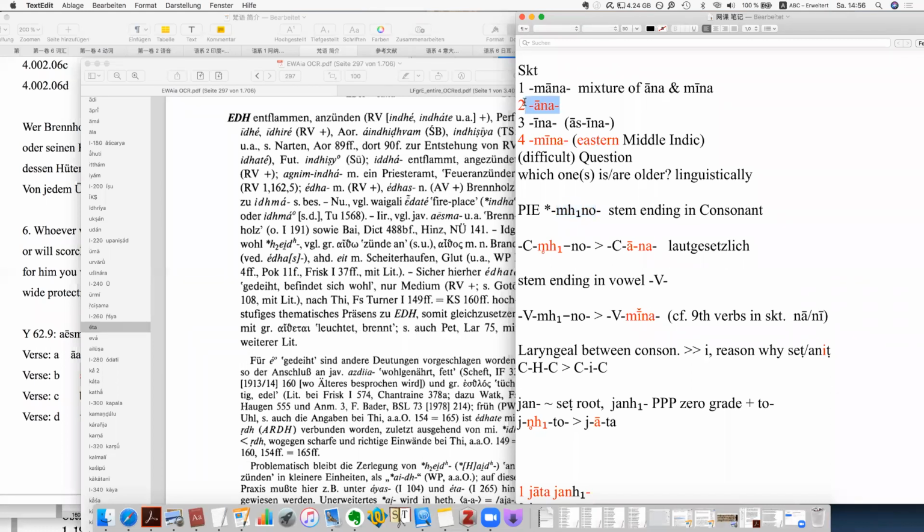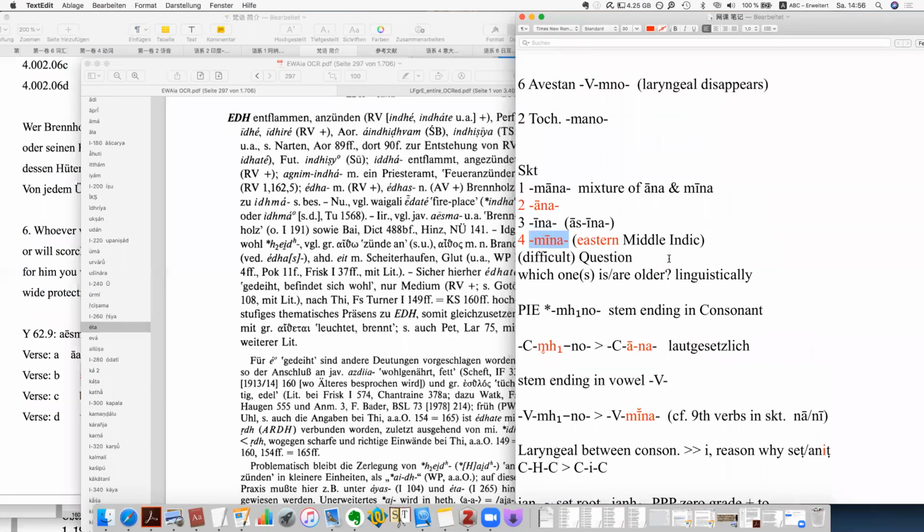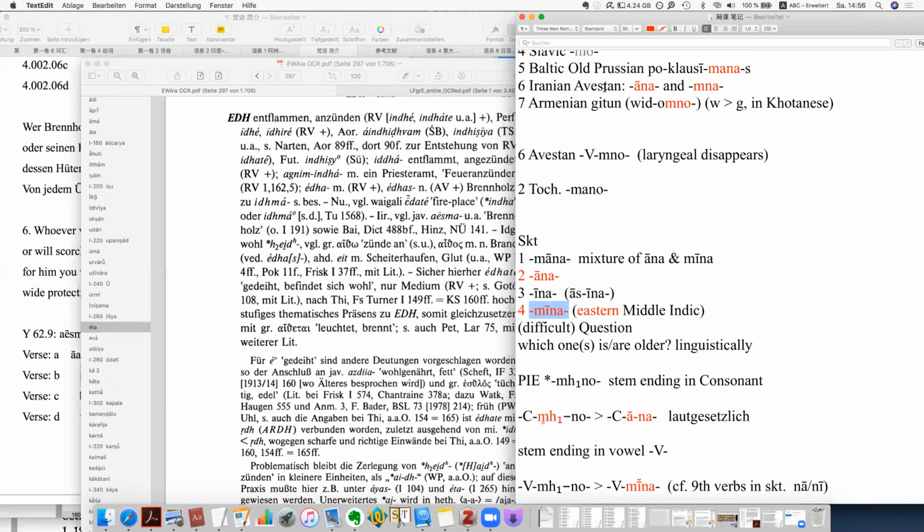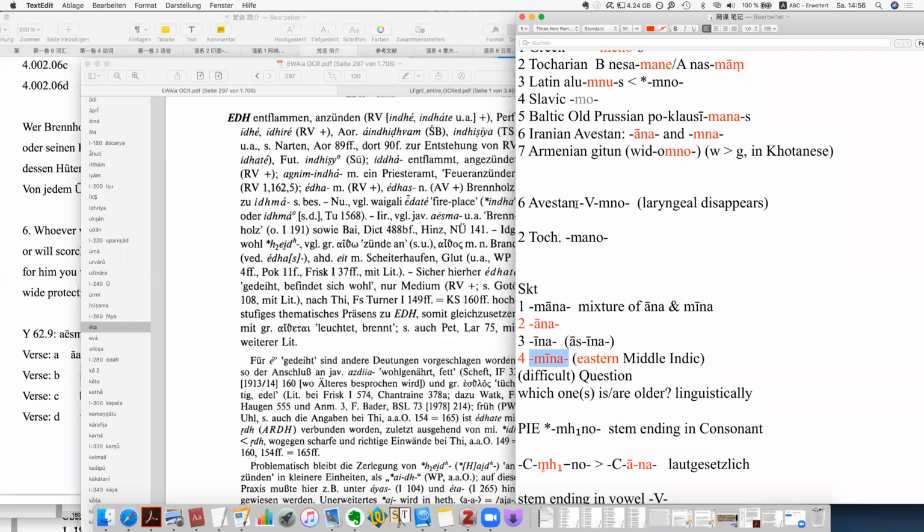We know -āna and -mina are historically older. And then we can also explain all the other forms. Like in Avestan, the laryngeal between consonants disappears, so we have -mna. And in Tocharian, the laryngeal between consonants becomes r.